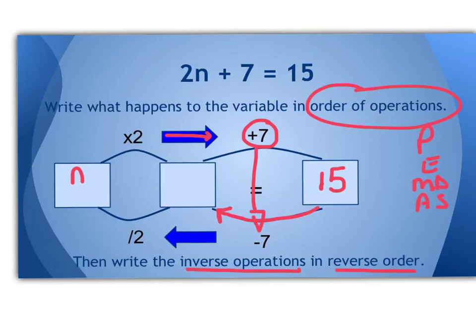When you subtract 15 minus 7, you get 8. And then we undo, or the inverse operation of multiplying by 2 is to divide by 2. 8 divided by 2 is 4. So n equals 4. And that's our answer, and you just solved an equation.